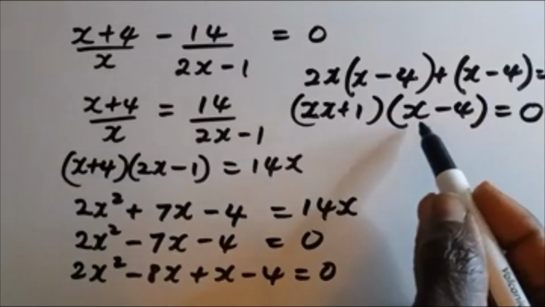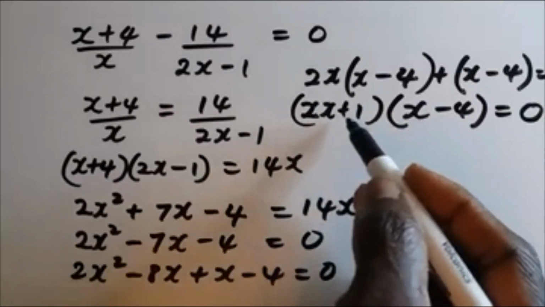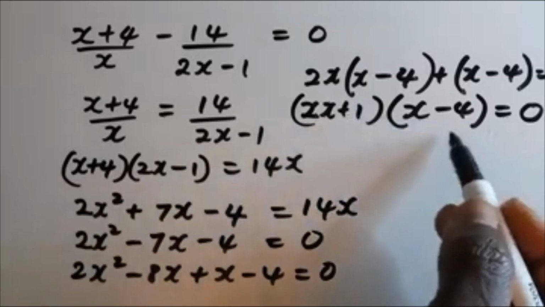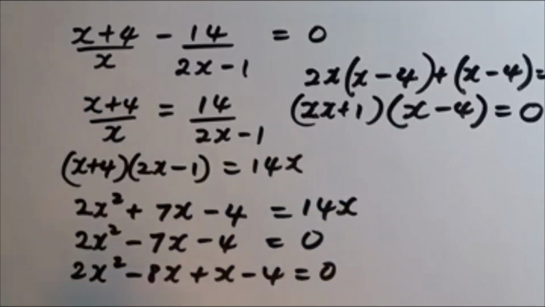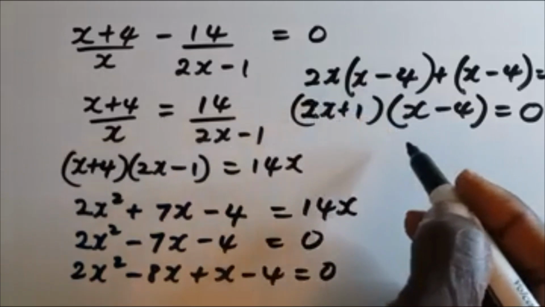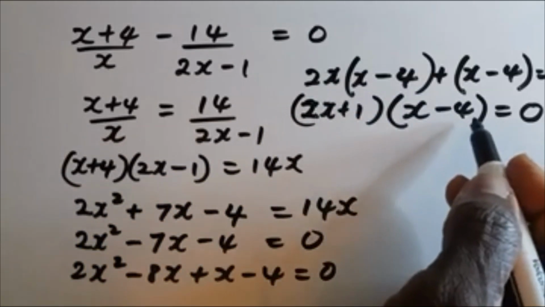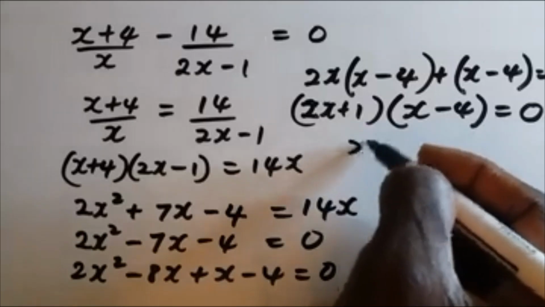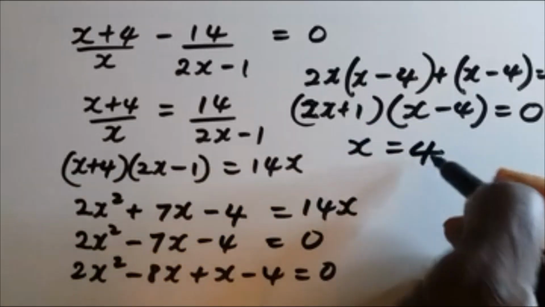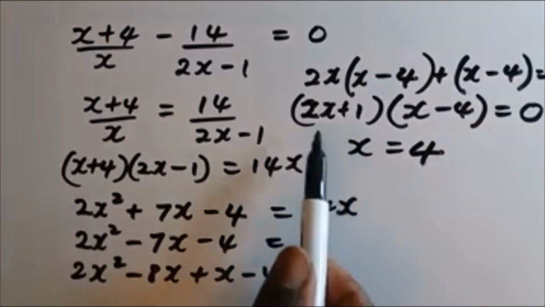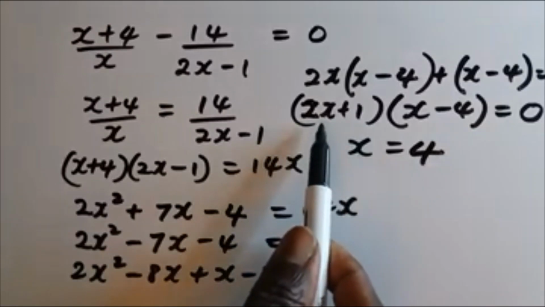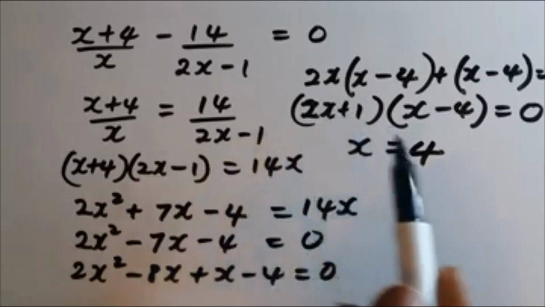And we know if x minus 4 times 2x add 1 is equal to 0, one of these must equal 0 at some point. So if this one is equal to 0, then we have x minus 4 is equal to 0, so x must be equal to 4. And if we assume that this one is 0, then we have 2x add 1 is equal to 0.